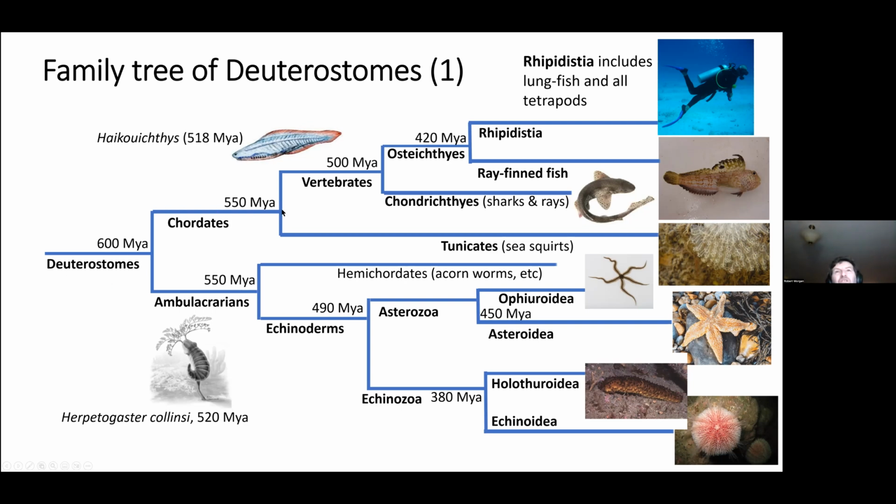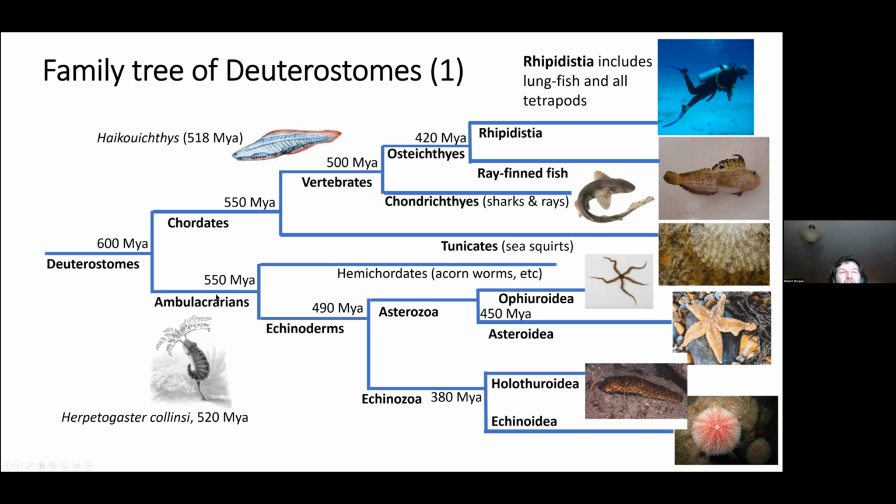This is the huge family tree I've done of the deuterostomes, and I won't talk you through all of this. You've got things with the backbones or the predecessors of backbones, the chordates, on the one side, and they split off about 600 million years ago, and they gave rise to the sea squirts and the various fish, and then the tetrapods, which includes ourselves.